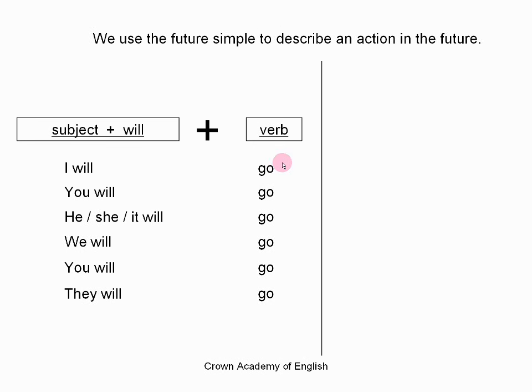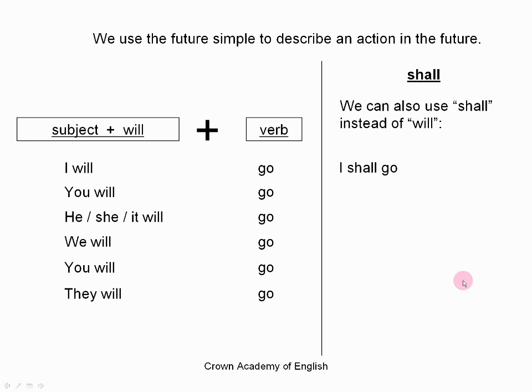Now, we can also use the word shall. And the word shall, we can use it instead of will. And it has the same meaning. So, for example, instead of I will, we can say I shall go. So I will go and I shall go.